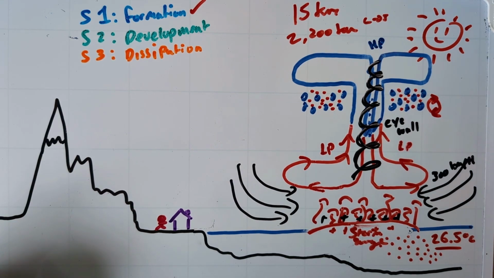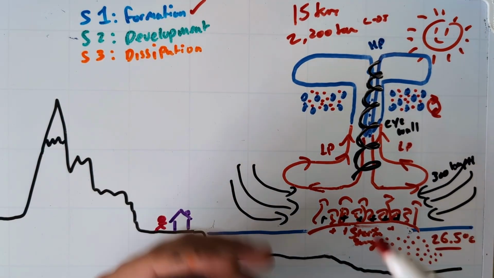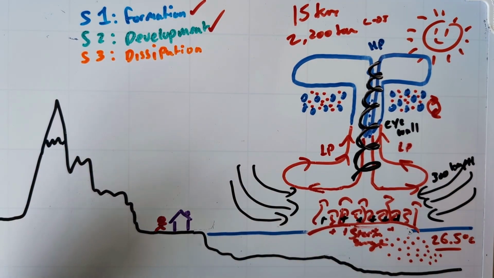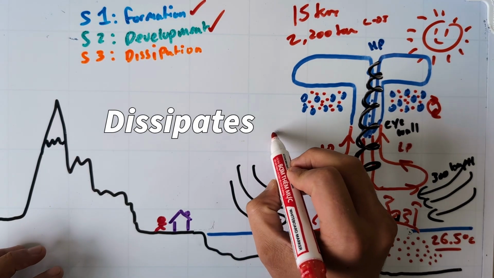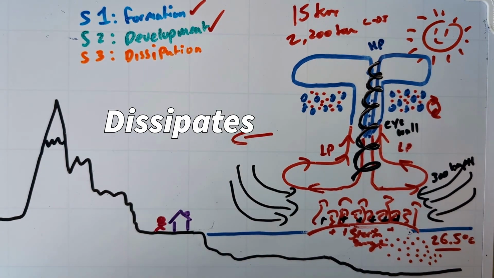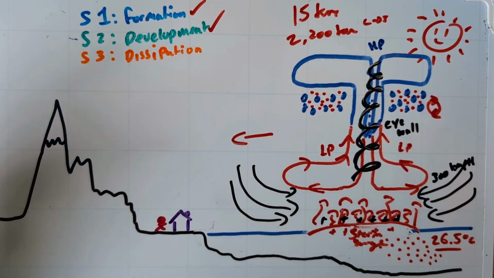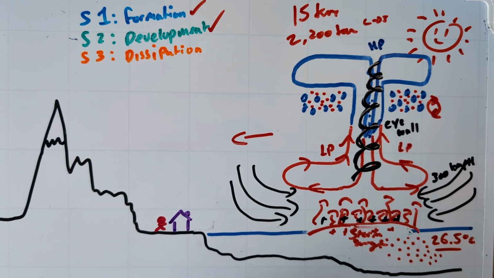So this is how it develops. That process becomes stronger and stronger and stronger. So we have the formation, we have the development, and then let's end the story. So basically what happens is that our cyclones will make land. Generally, north of the equator, they head northwards, and south of the equator, they head southwards.